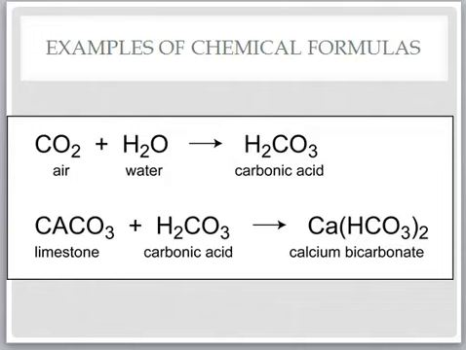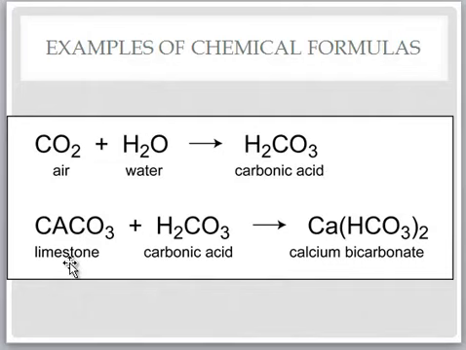Let's take a look at some examples of chemical equations. So, carbon dioxide plus water gives us carbonic acid. The reactants in this chemical equation, CO2 plus H2O, those are the reactants, air and water, and the product is carbonic acid.